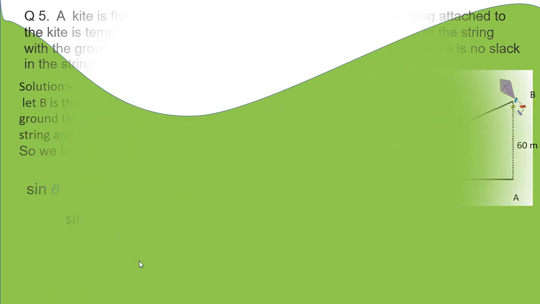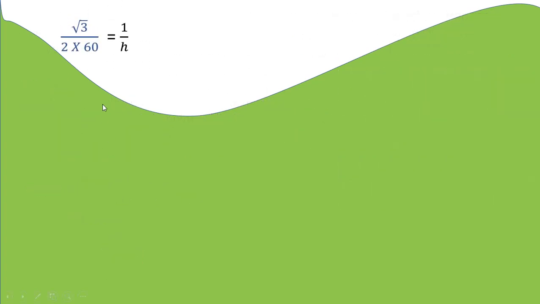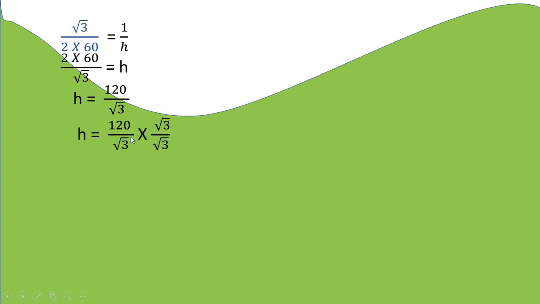By cross multiplication we get root 3 upon 2 into 60 is equal to 1 upon h, and we can take the inverse on both sides. So we get 2 into 60 upon root 3 is equal to the height. Now this root 3 we can rationalize, multiplying by root 3 upon root 3.